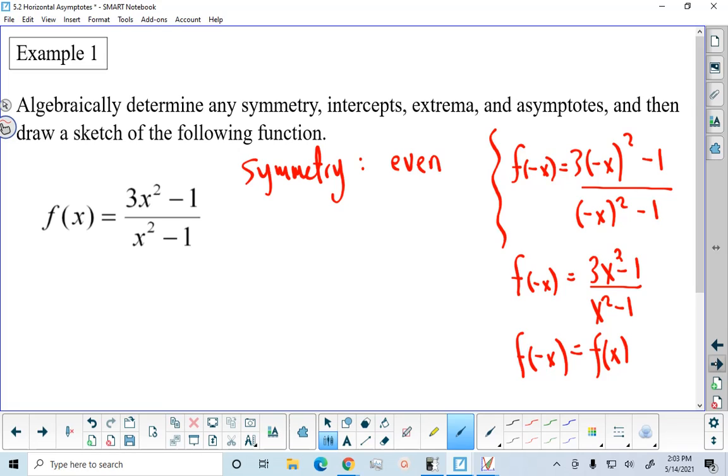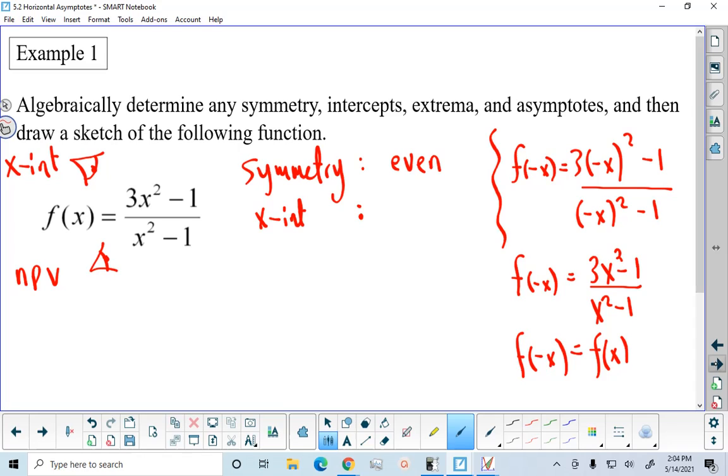So this function is even. Let's determine the x-intercepts. Well, remember what I said. You look at the top of the function for x-intercepts. You look at the bottom of the function for non-permissible values of x. So looking at the top of the function, we're finding the values of x that make it 0. Those are going to be x-intercepts.